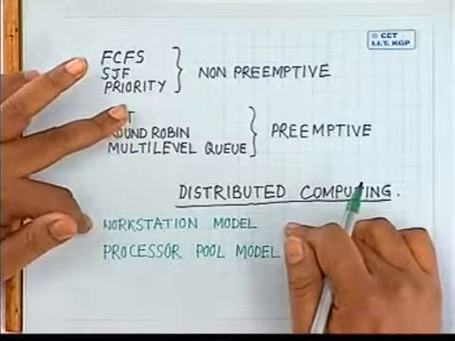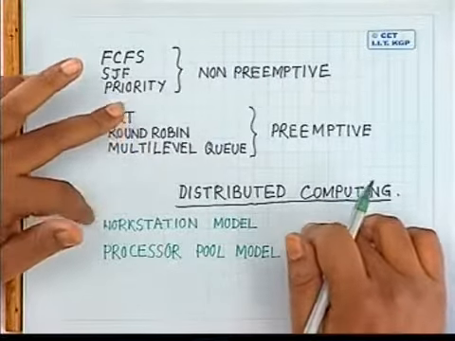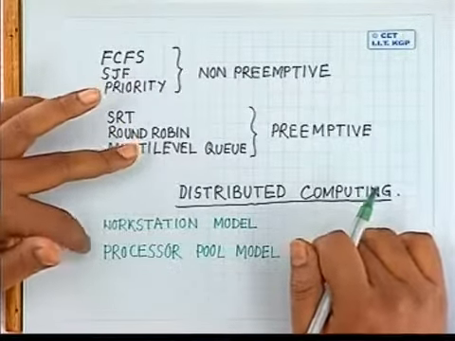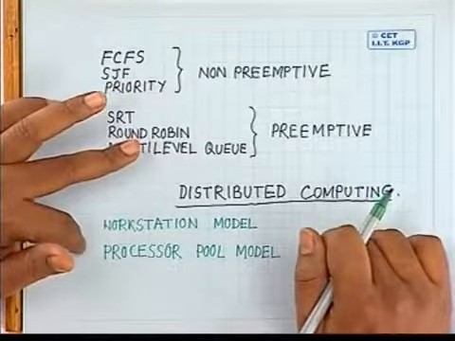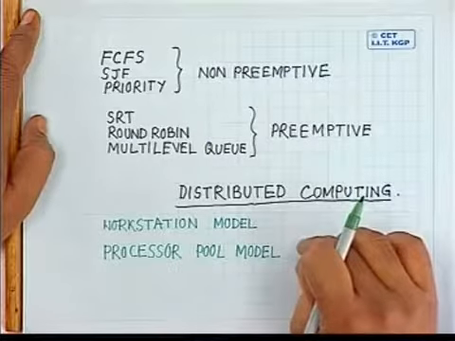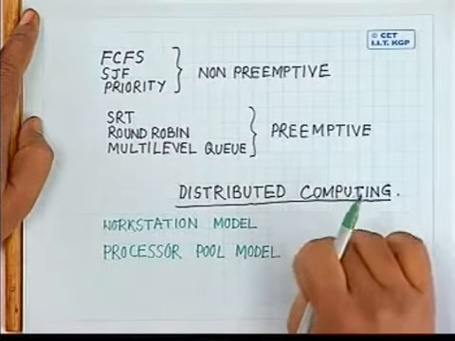In the workstation model, every user computer has processing power. In the processor pool model, the terminal given to the user does not have any processing power. The processing power is at a central place where I have a high-end server having a number of processors. So naturally, for these two types of models, the approach that you have to take for proper sharing of the CPUs has to be different.